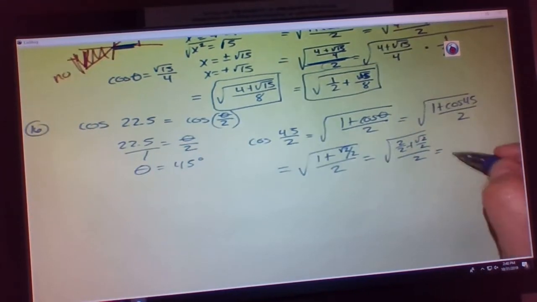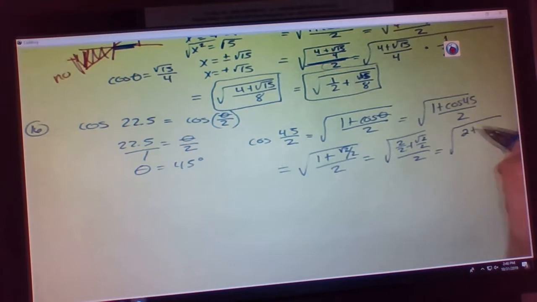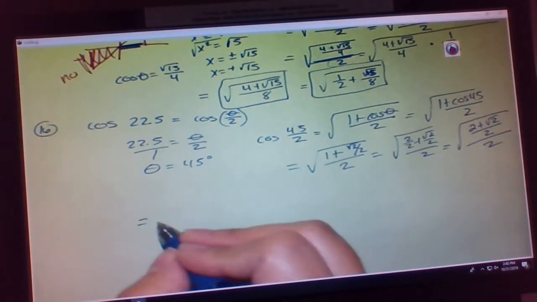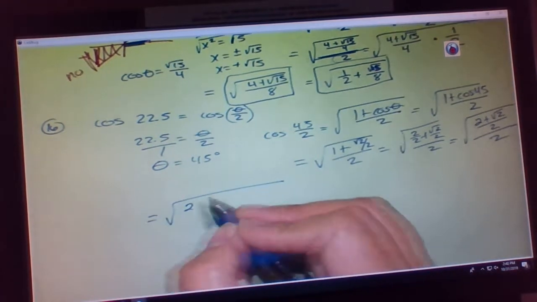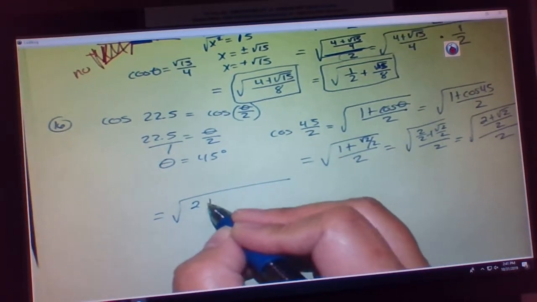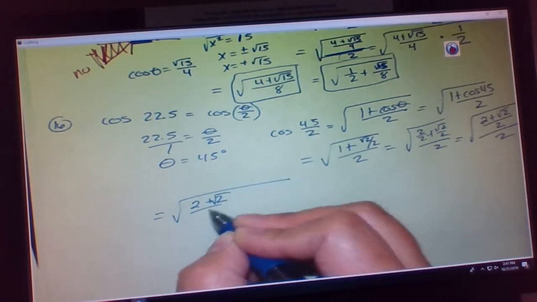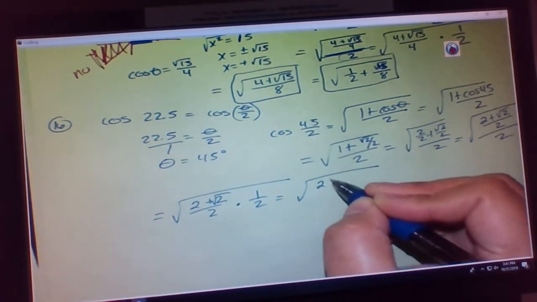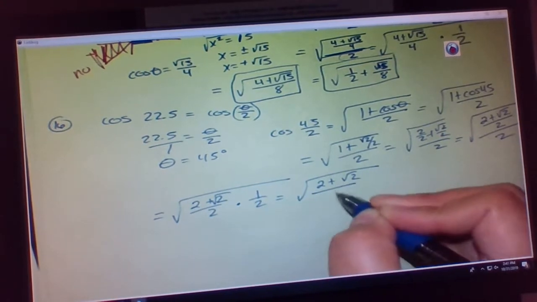All these beautiful 2's. Life without 2's would just be so sad. So square root of 2 plus the square root of 2 over 2 times a 1/2. 2 plus square root of 2 over 4.